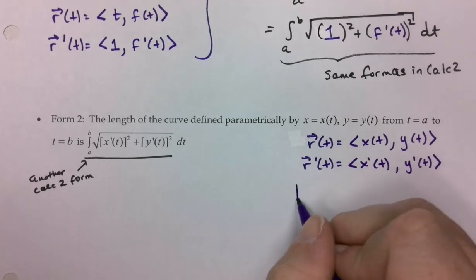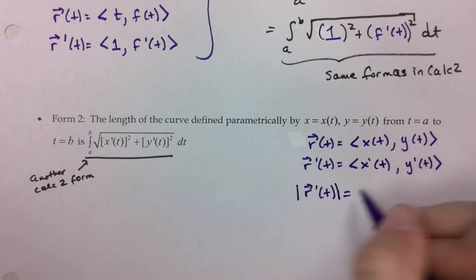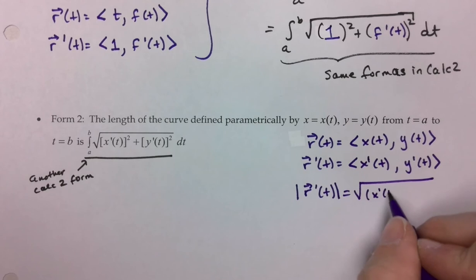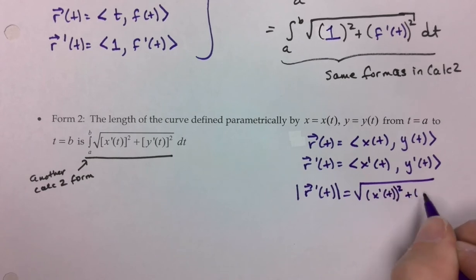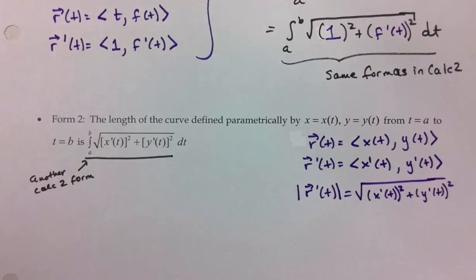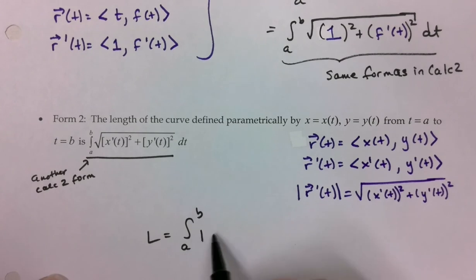So therefore, the magnitude of r prime would be equal to the square root of x prime of t squared plus y prime of t squared. So then if I look at the form up above in yellow, L is equal to the integral from a to b of the magnitude of r prime of t dt.